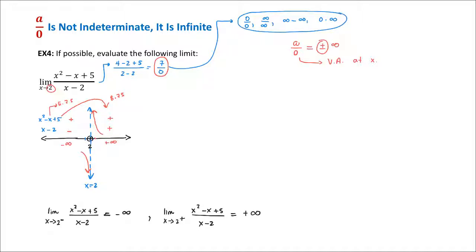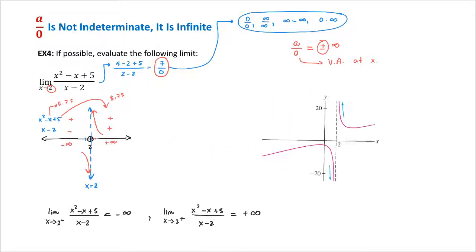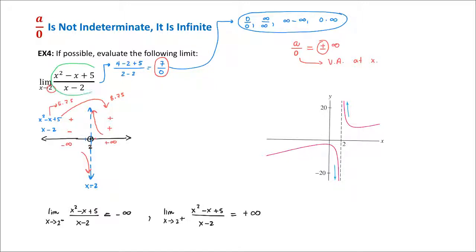If I were to look at the sketch of the graph, this is what I would have. Right here, this is actually the sketch of the function you were given, x squared minus x plus 5 over x minus 2. And you can nicely see the infinite behavior.